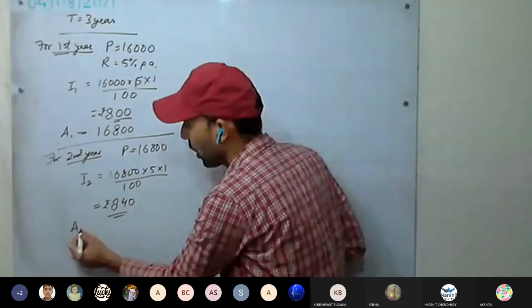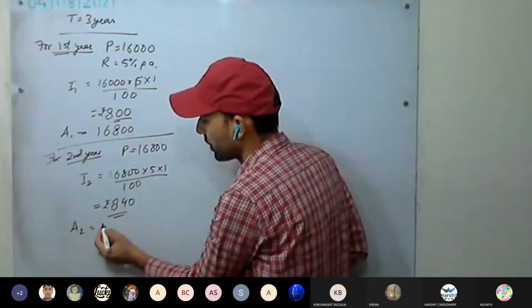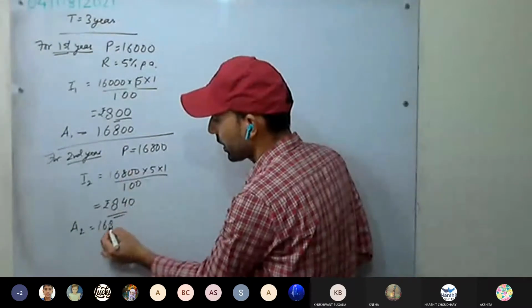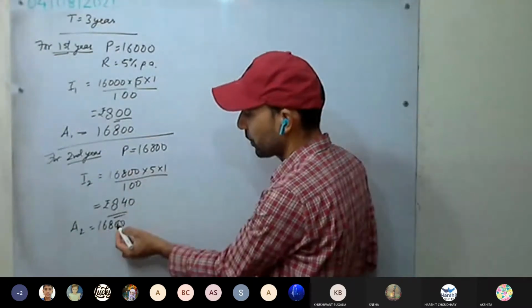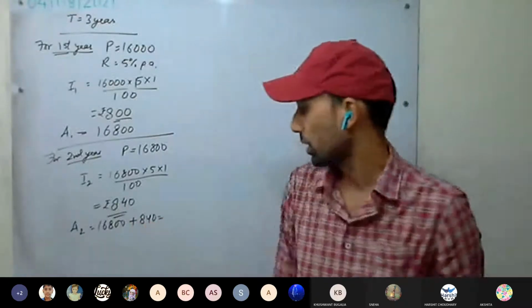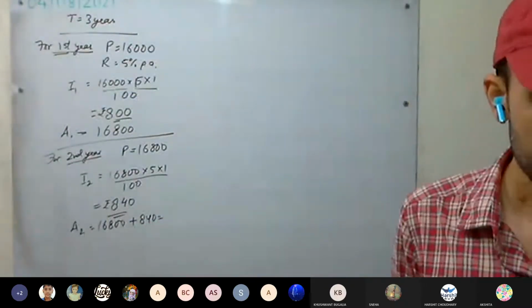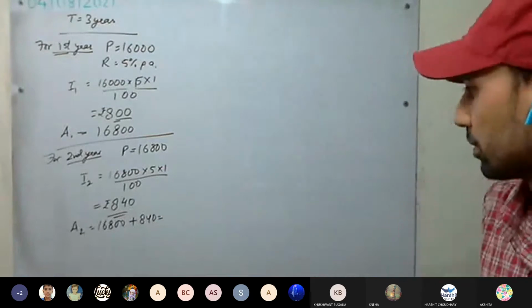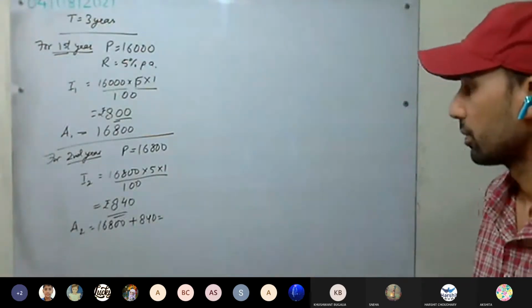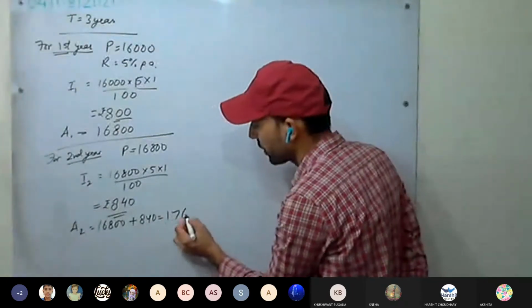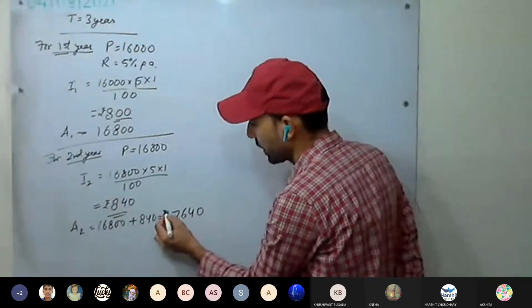Now the amount will be how much? Add these two. 16,800 was the principal for the second year, and interest is 840. How much have you got? 17,640 rupees.